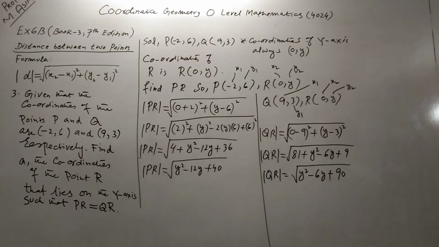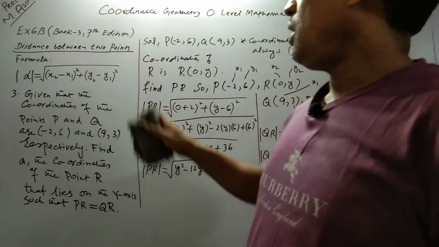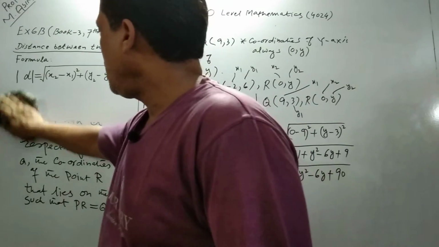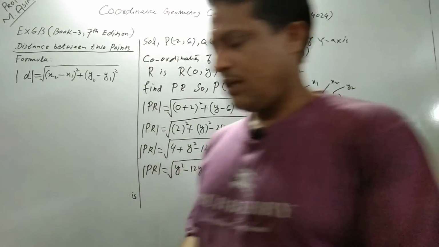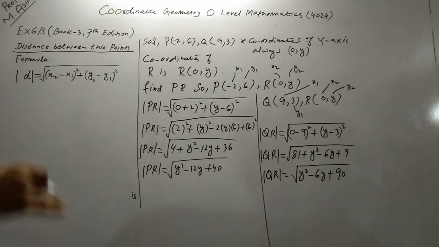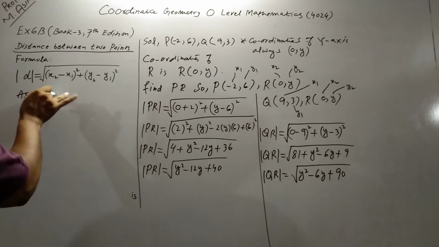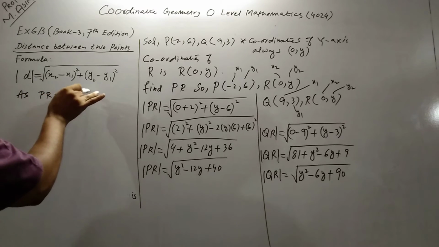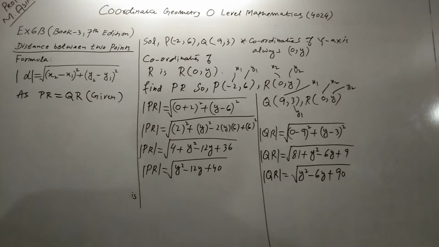Now according to the question, both the distances are equal. So we write PR equals QR. This is given in the question.